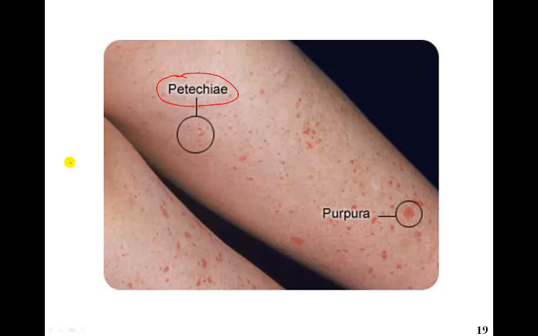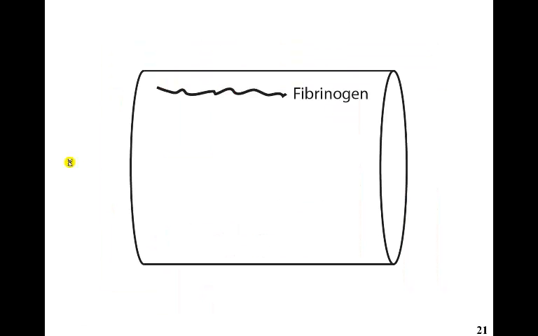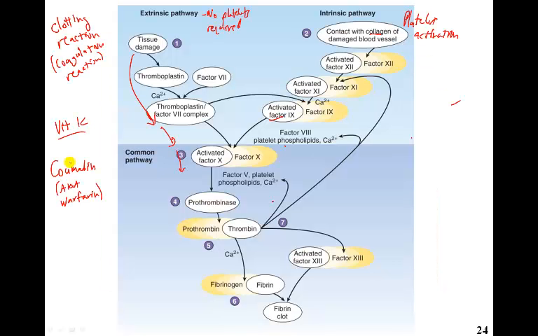Say you have no platelets at all. Is it possible for you to still form a clot? The answer is yes, because you have this extrinsic pathway. If there's a big tissue break, it can release enough tissue molecules to trigger the extrinsic pathway, even in the absence of platelets. It's not nearly as effective as it would be if you had both pathways together.